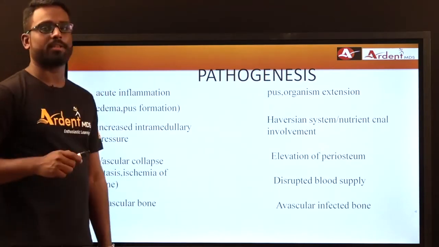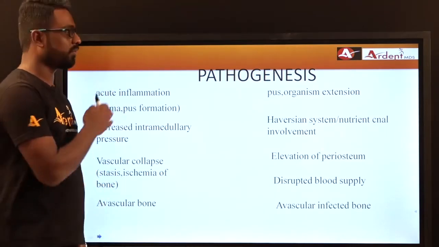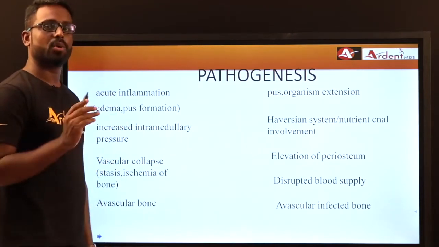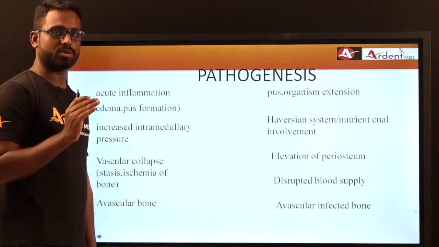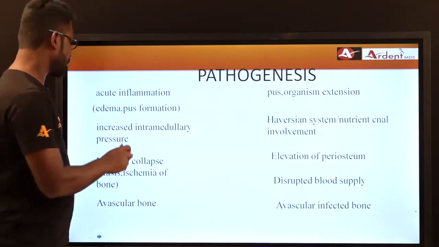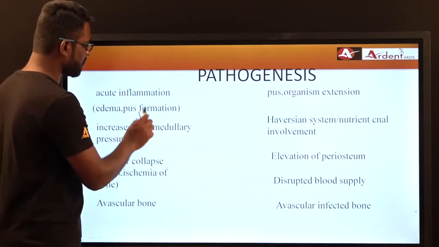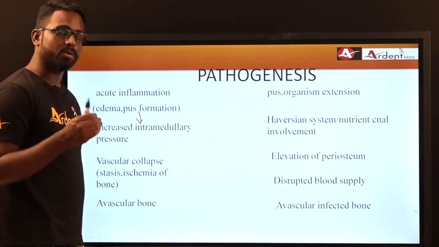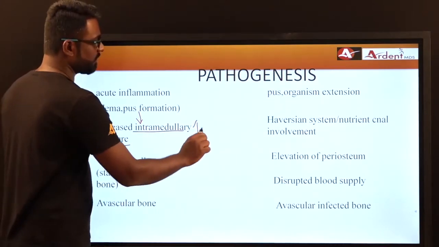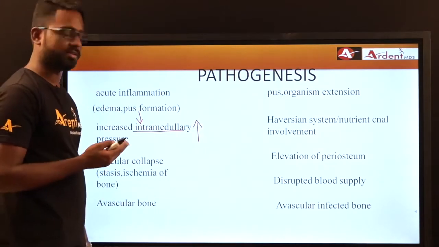So we will come to the pathogenesis of osteomyelitis next. I am going to explain it in a schematic way. First, we all know the definition and what osteomyelitis is. How it happens is, initially there occurs acute inflammation. It begins in the medullary cavity, and the intramedullary pressure increases.